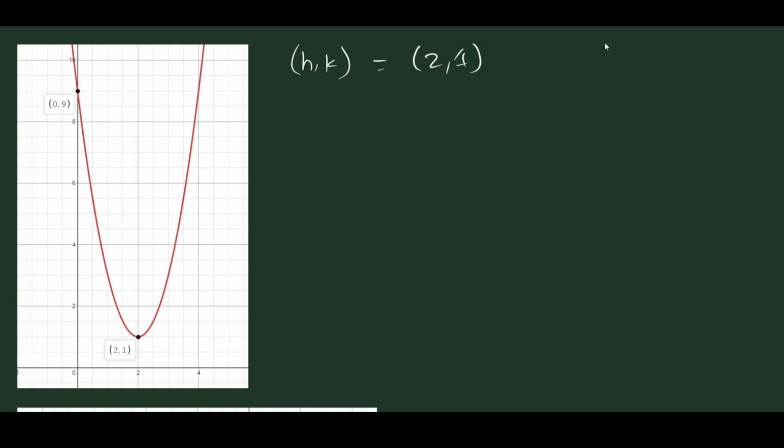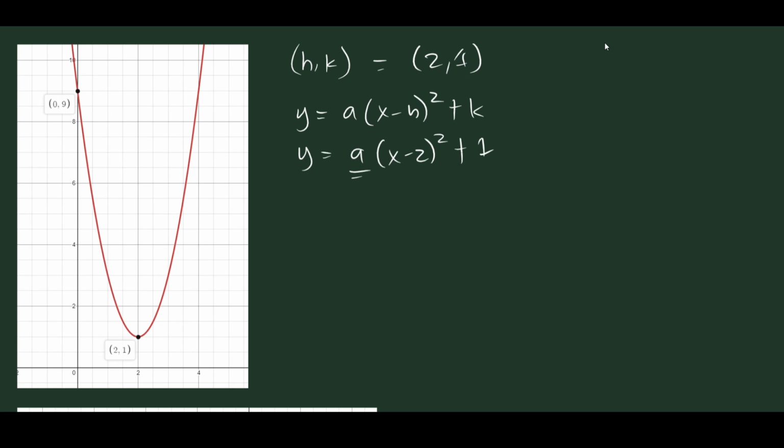If we use our standard form, y is equal to a multiplied by (x minus h) squared plus k, right? This is our standard form. Substituting h and k, we get y is equal to a multiplied by (x minus 2) squared plus 1. So this would be okay already if we knew the value of a.